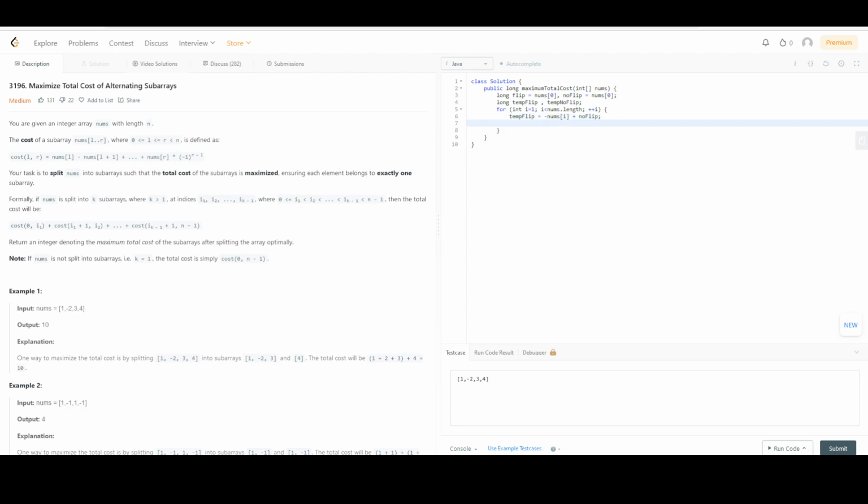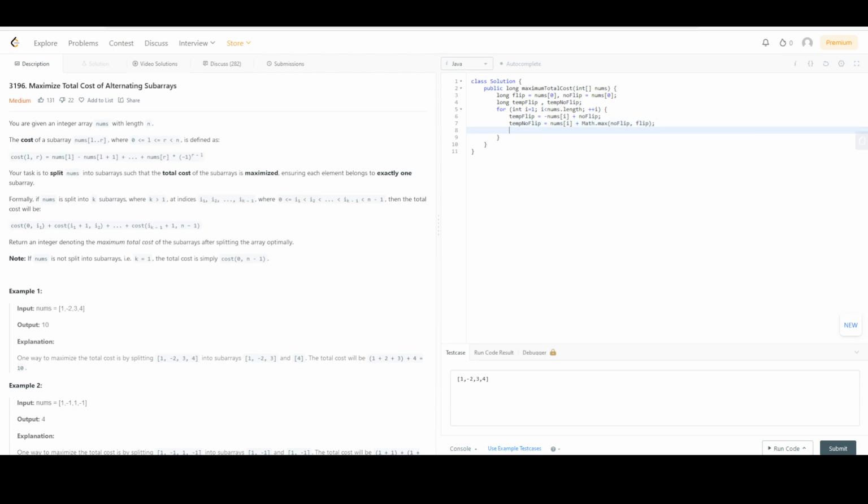For temp no flip, I am not flipping this, so I can take the max of no flip and flip, because here I have both choices.